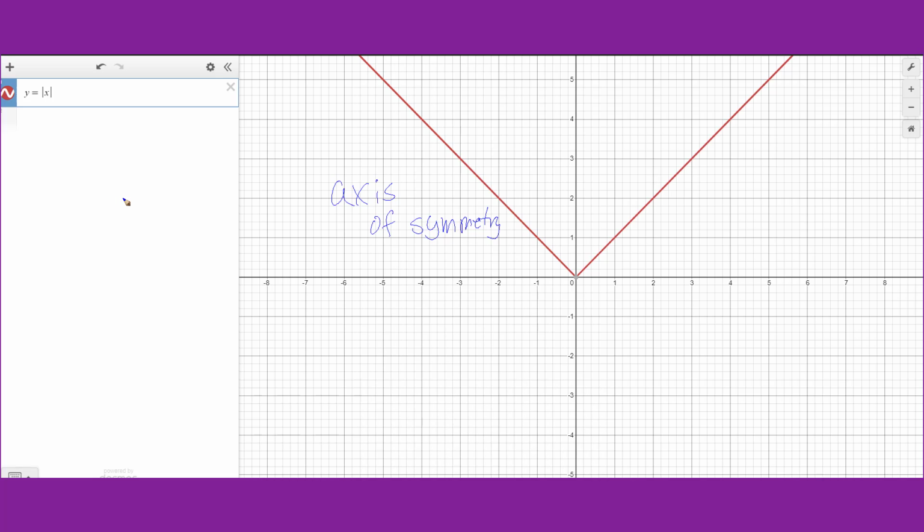So let's take a look at a couple of things about what happens with that parent function once we start moving it around or translating it, right? Before we do that, let's talk about the origin here, or in the absolute value function, that is called the vertex.